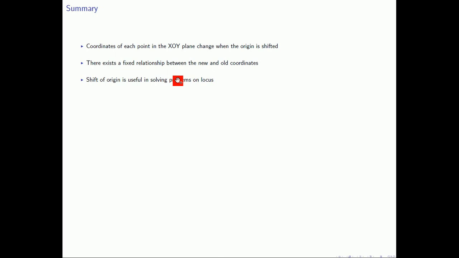Now, why do we do this? The shift of origin is very useful in solving problems on locus. Let's see how. Suppose you are given this equation 2x squared plus 2y squared minus 2x plus 2y minus 1 equal to 0. Now at first it is slightly difficult to visualize this because when you read this there is nothing specific which comes to your mind.